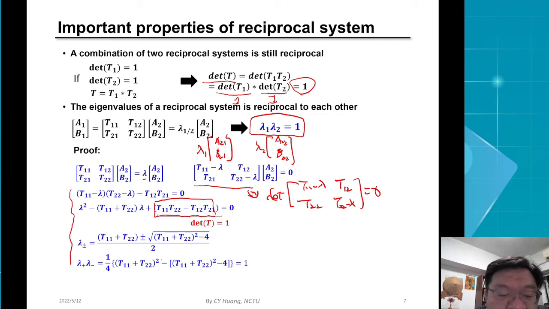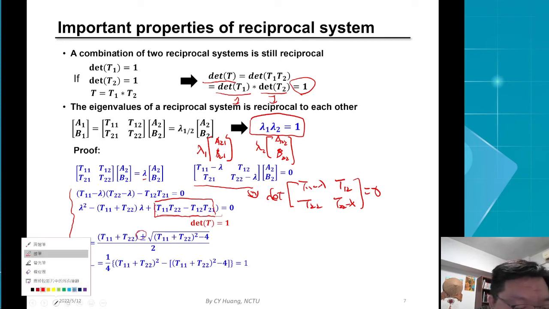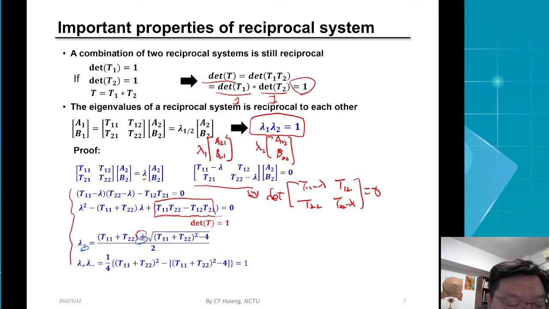According to fundamental algebra, we let lambda plus be the solution with the plus in the middle, and lambda minus be the one taking the minus term. When we directly multiply lambda plus and lambda minus, we will find it is exactly 1. So we find that the 2x2 reciprocal system has two eigenvalues reciprocal to each other.